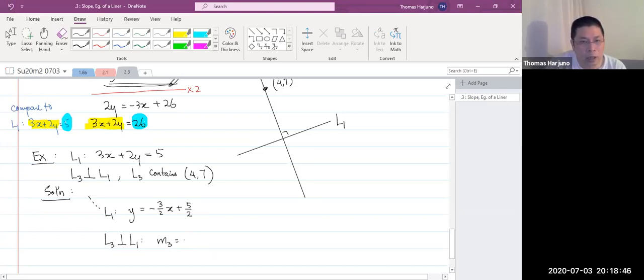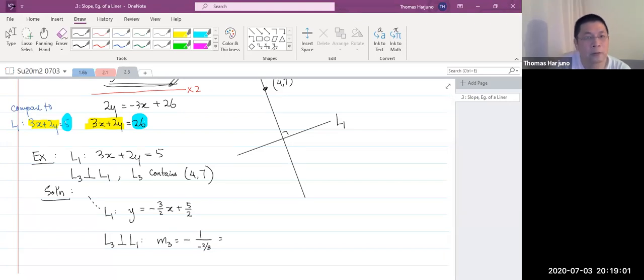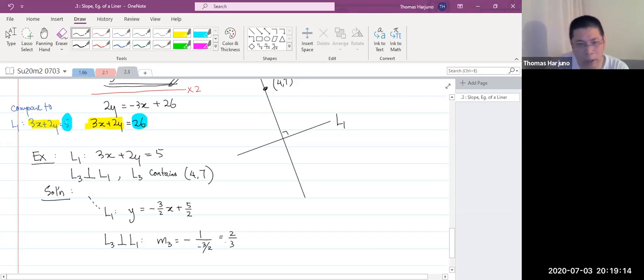That's negative 1 over negative 3/2. But you can just say: what is the opposite of negative? That's positive. What is the reciprocal of 3/2? It's 2/3. So you change the sign, negative becomes positive, or positive becomes negative, and then you flip the number.